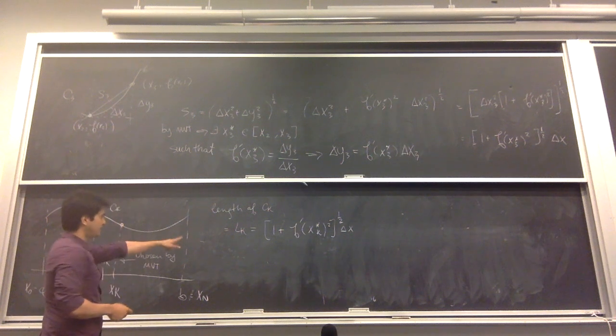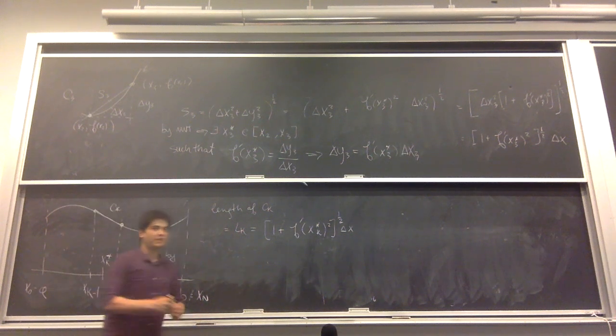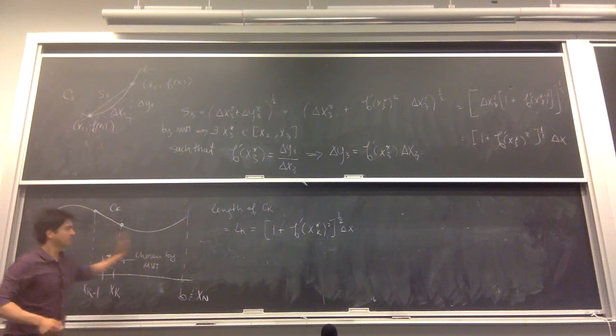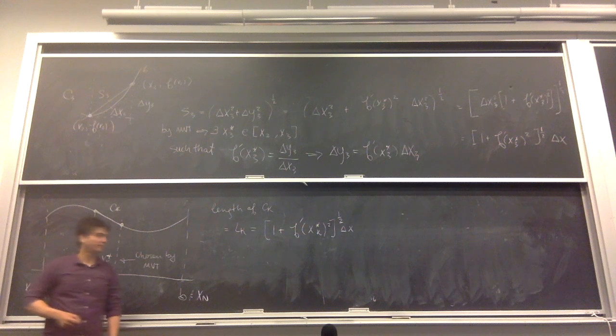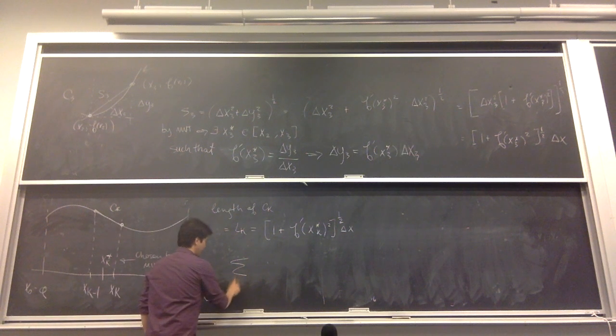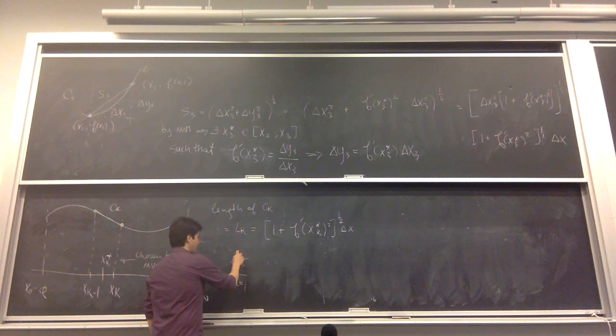Okay, so we have this as the length of that line. Can you give me the Riemann sum that's going to add up the chords, from the first chord to the nth chord?